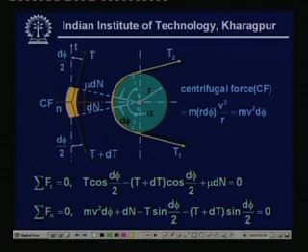A segment of the belt is this one, this yellow color is the segment of the belt, and let this segment of the belt subtend an angle d phi at the center. So, the length of this particular belt segment will obviously come out to be r d phi. Now, let us see what forces are acting onto this small belt segment.